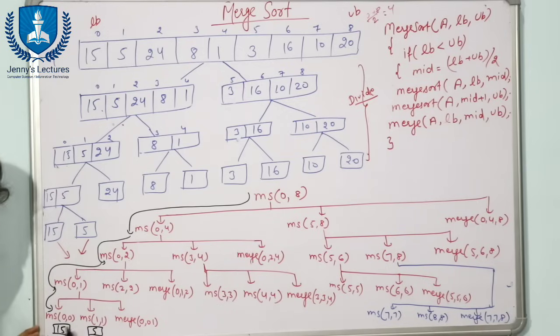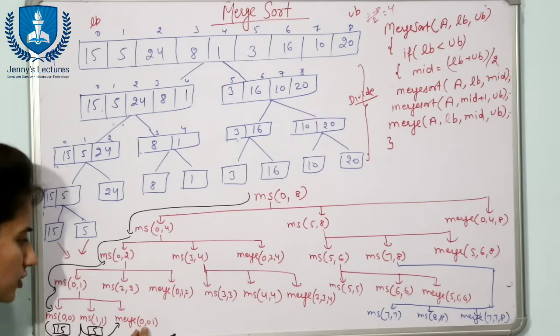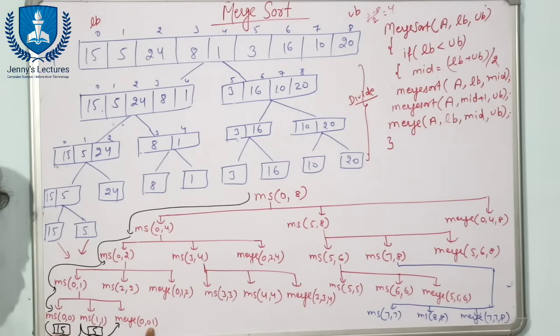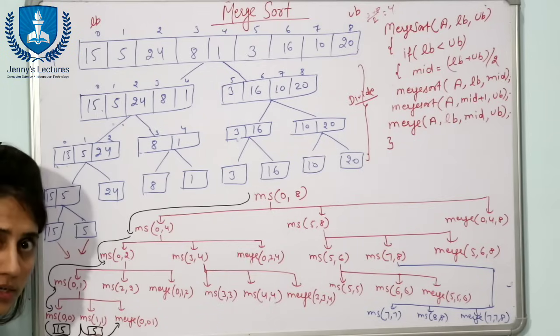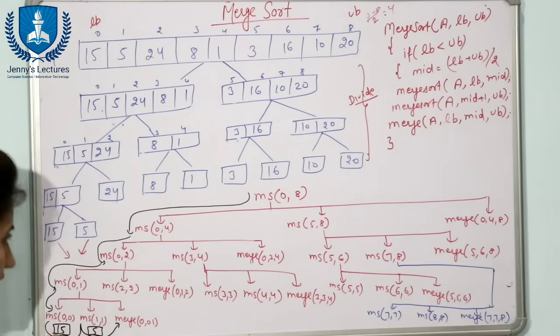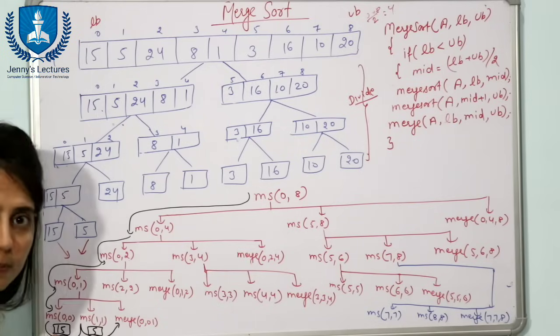Fine. So this one is done, this one is done. Now next step is, now control would go to this merge. Now merging of 0 to 0 is 15, then 1 to 1 is 5. Then you are going to merge this 15 and 5.